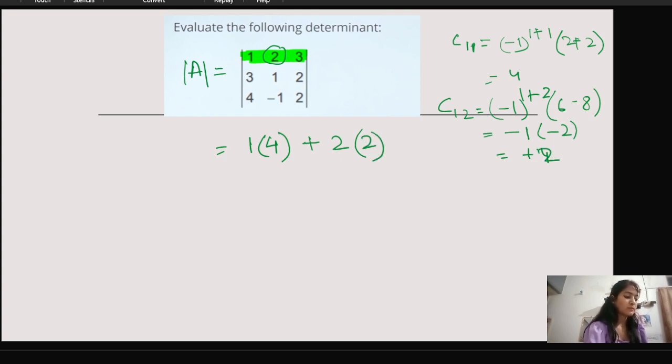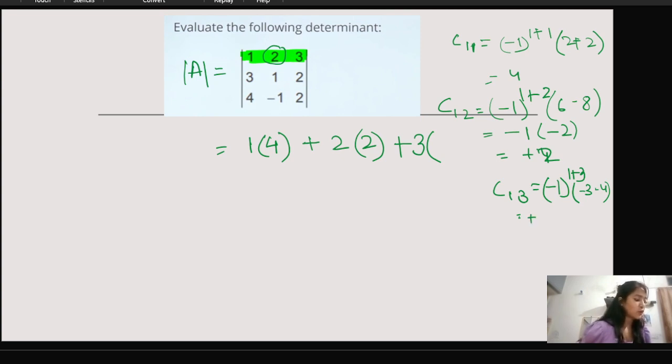From here we are getting plus 2. Then this is 3, and hide this row. Let me write here. C13 will be minus 1 to the power 1 plus 3, and here we hide this column and this row. 3 times minus 1 is minus 3, minus 4.